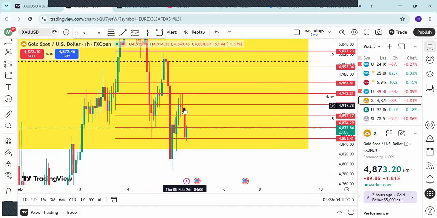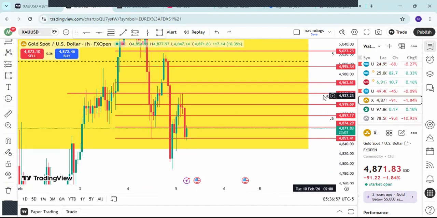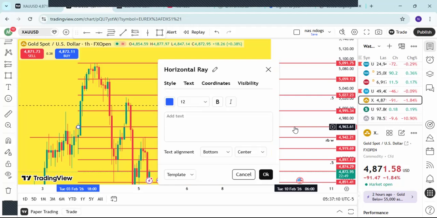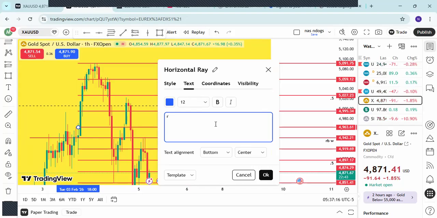So this is the downward wick, 7.5 half, 2.5. It's low, right? And this one is RB 0.25. Let's write it: RB wick, RB.